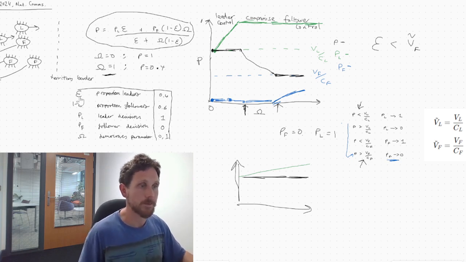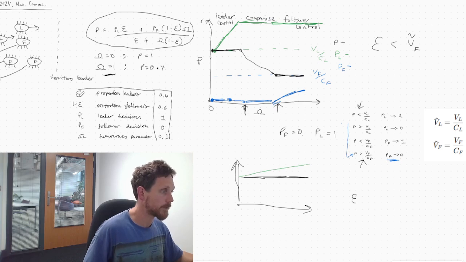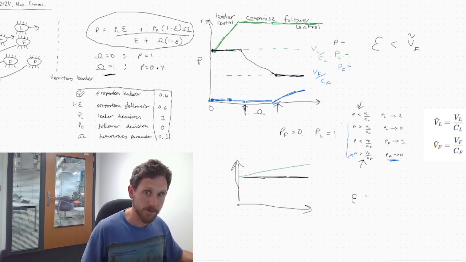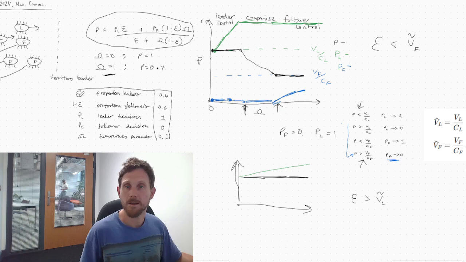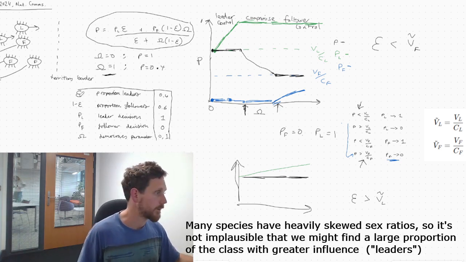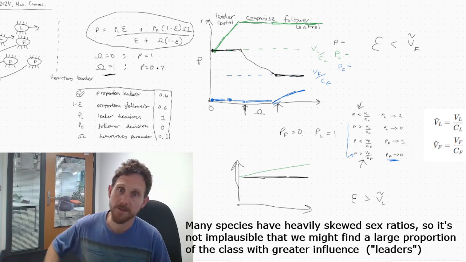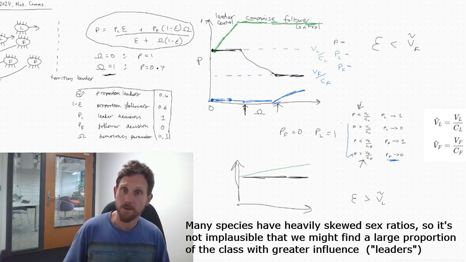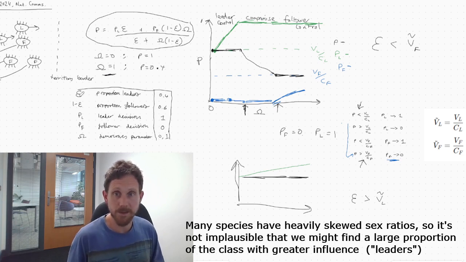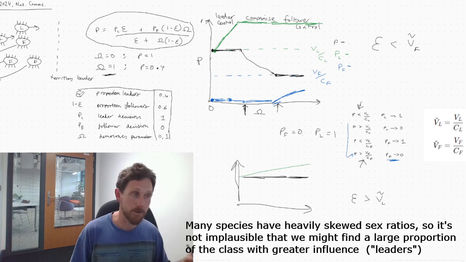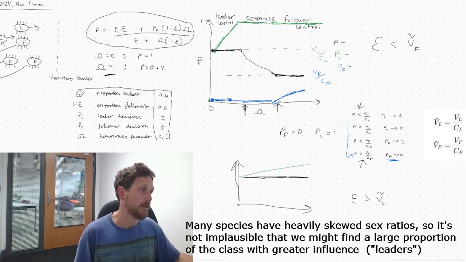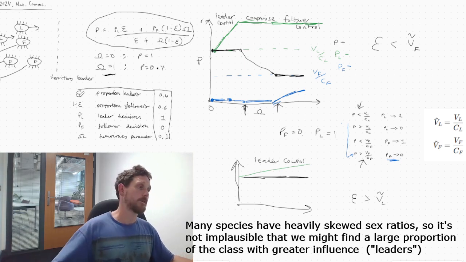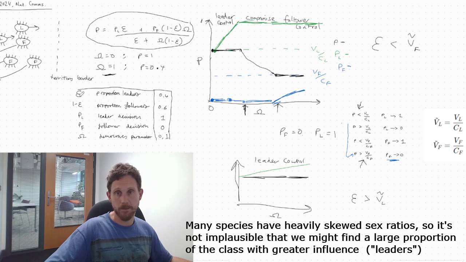Turns out this is also possible when epsilon is greater than V tilde L. So if the proportion of leaders is high, or even if the V tilde L, the cost-benefit ratio for leaders, is really low, we can get a condition under which the leaders control over the whole spectrum of democracy score, even right up till democracy equals 1.